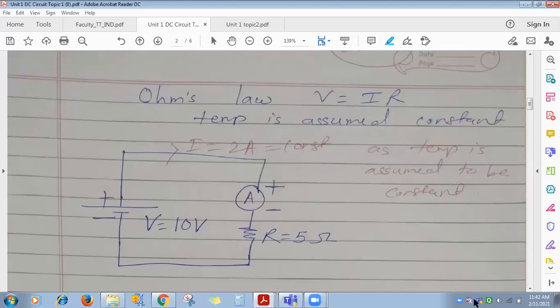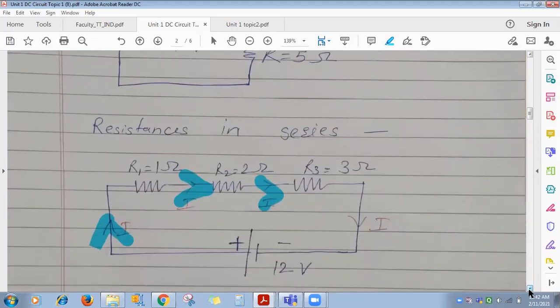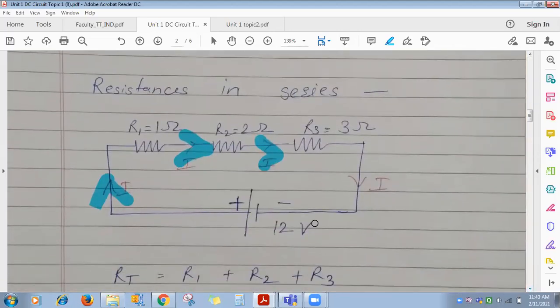Next part we are going to see series connected resistances. Now if you observe this circuit, the resistances are connected in series. Here a 12 volt battery is connected, and across this 12 volt battery three resistances are connected in series: 1 ohm, 2 ohm and 3 ohm, R1, R2, R3 respectively.